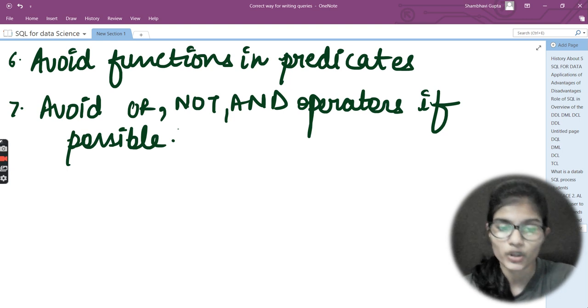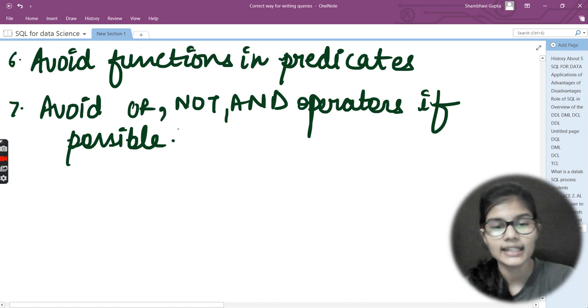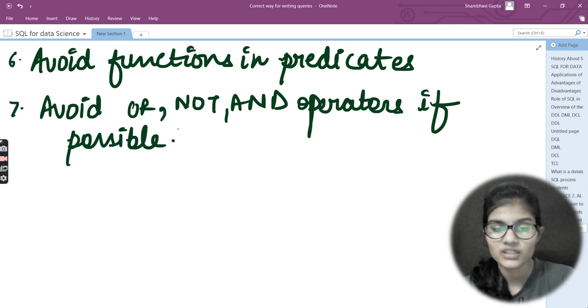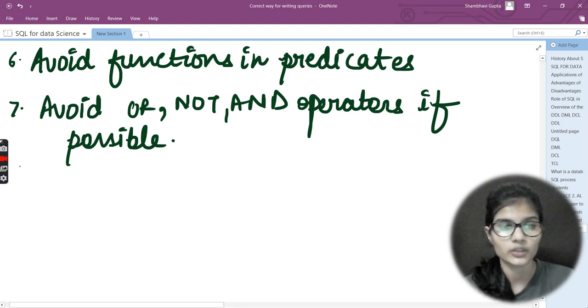Okay, if possible. As I mentioned, it is recommended not to use them in the case of a large database. It is better to find a replacement for these to speed up the execution time of the query. Right? Hope you are now okay with this particular one.